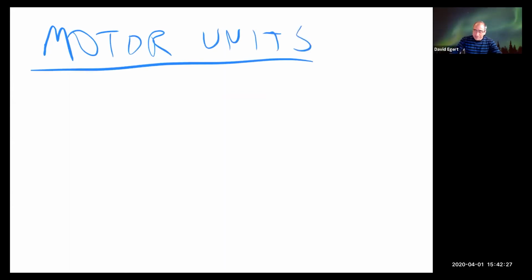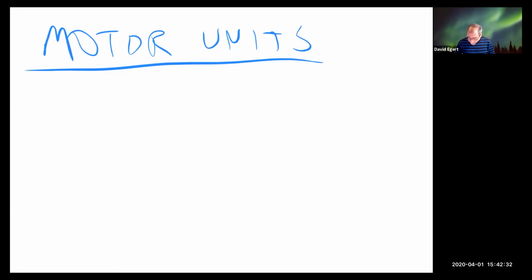It's going to come down to the idea of motor units. Now, we're not getting punchy here, don't worry. Motor units. So, the idea of a motor unit.